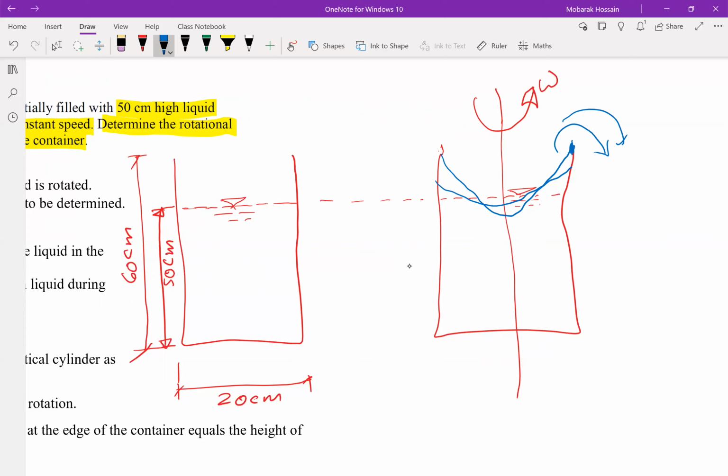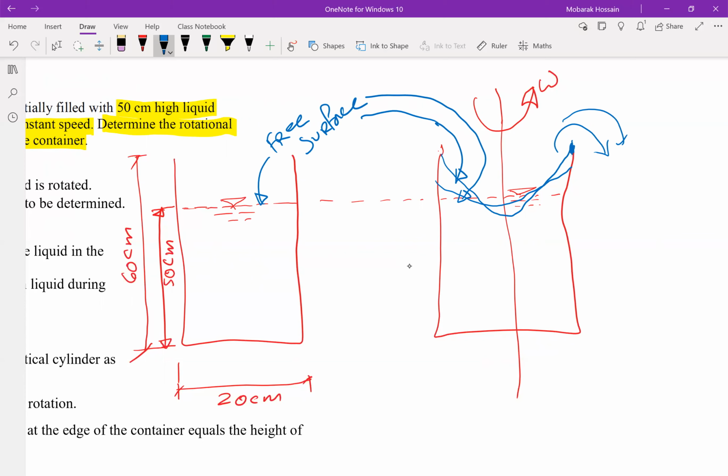Now this one is the free surface here. Same thing, this one is also a free surface, but in the rotational case, this one is also a free surface for another angular velocity.